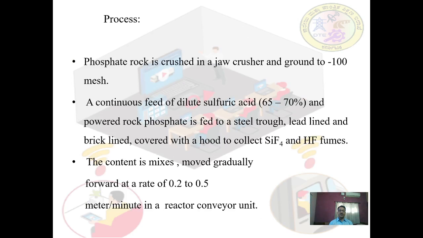Let us see the process. Rock phosphate is crushed in a jaw crusher and ground to pass a 100 mesh screen.